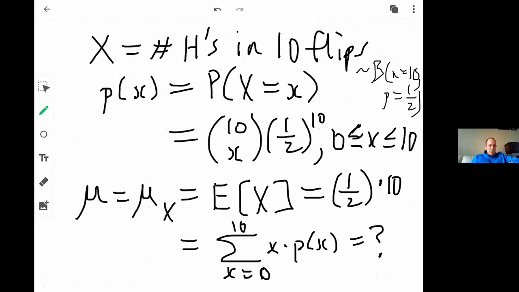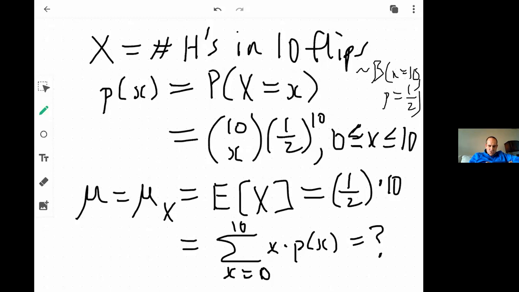And remember, we came up with this probability mass function for this thing. Where did it come from? Well, we said the probability of little x, where little x is the number of heads: in the sequence of 10 coin flips, I need to choose x places in which to put heads. The other ones are going to be tails. Each of those occurs with the same probability, 1/2 to the 10th.